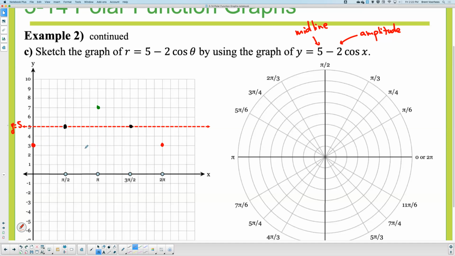Now let's graph the halfway points. This is for Jesse. The halfway point between 5 and 3. Does it happen closer to the minimum, or does it happen closer to the midline? What do you think, Jesse? Closer over here? It's a good guess, but no. It's not closer to the minimum, it's closer to the midline.